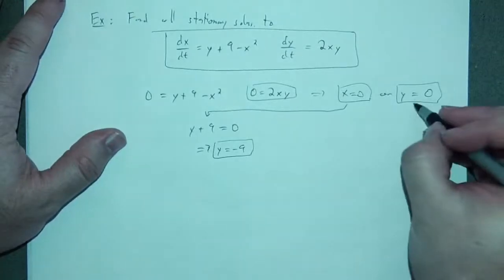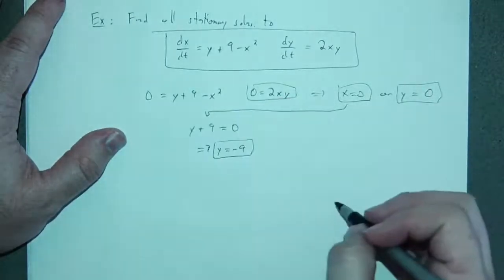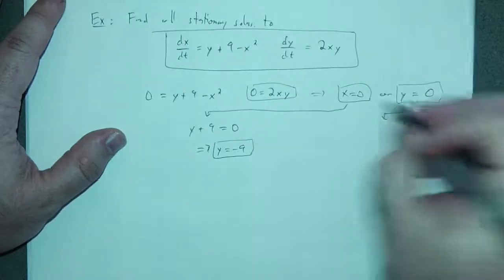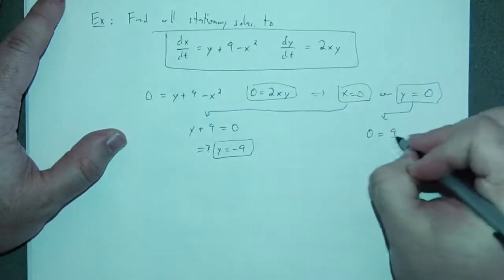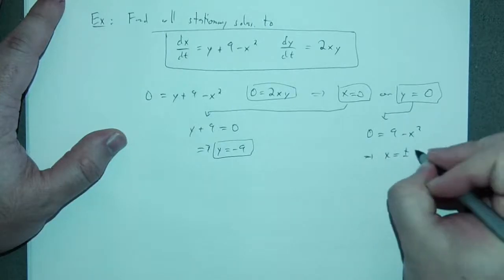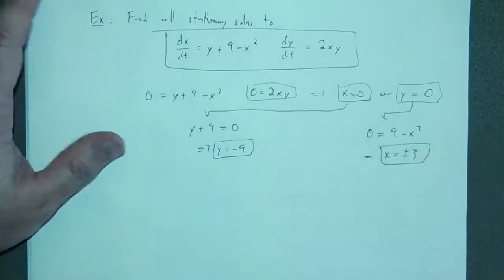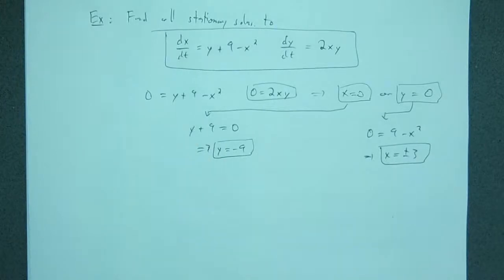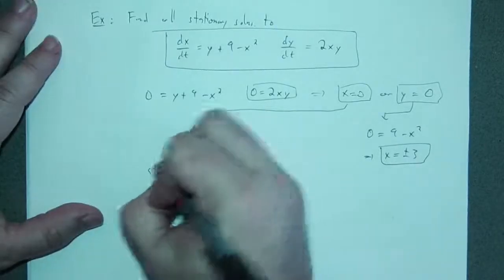Okay, let's trace through the possibilities if y is equal to 0. So if y is equal to 0, this means that 0 is equal to 9 minus x squared, which means that x is equal to plus or minus 3. So how many stationary solutions do I get? Again, I get 3.